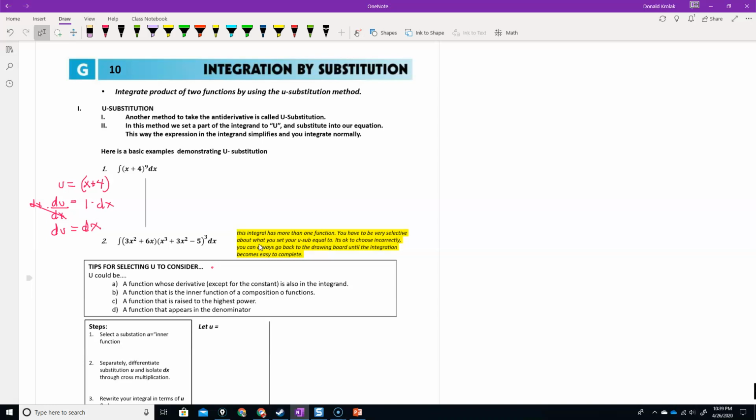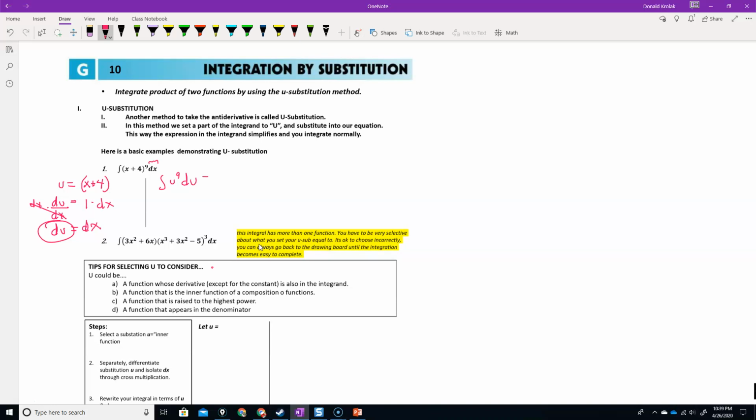Now over here, instead of writing x plus 4, I write u to the ninth, du, and I'm able to take out this dx because it's the same as du.